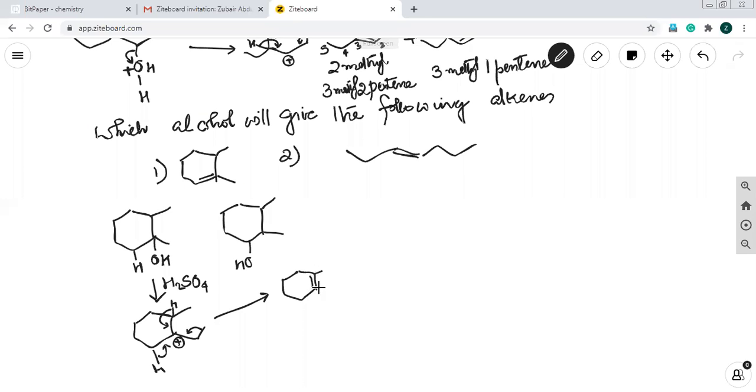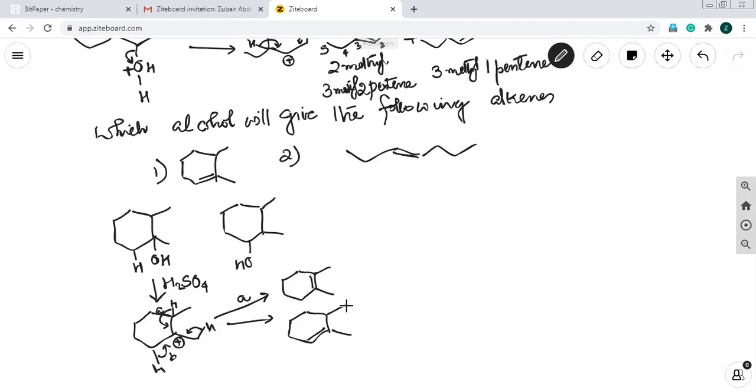This one is by removal of proton by A. If this is what is occurring, you will get our desired product. This is what we actually want.